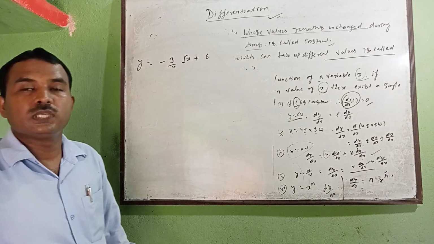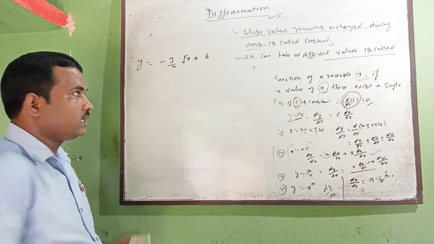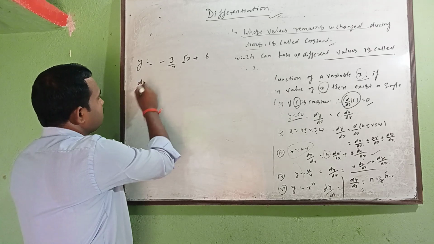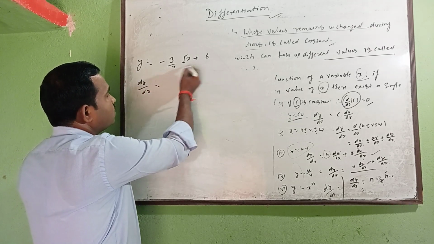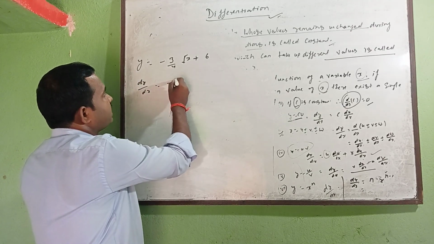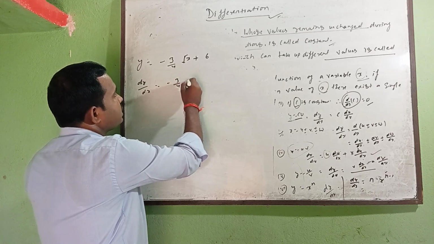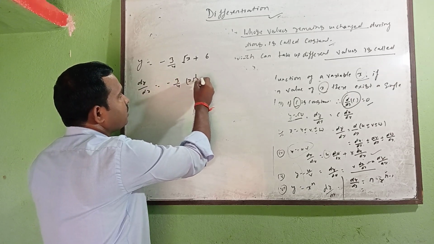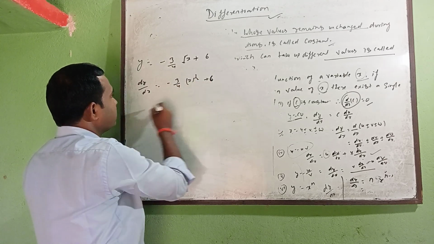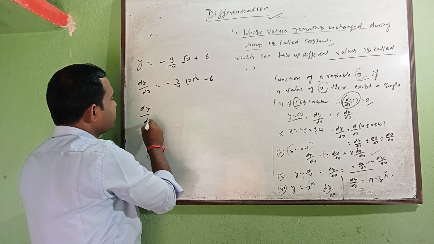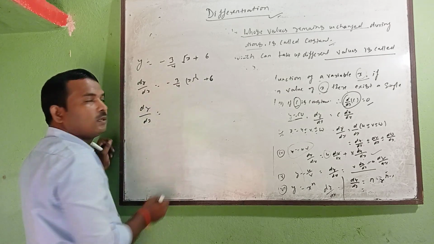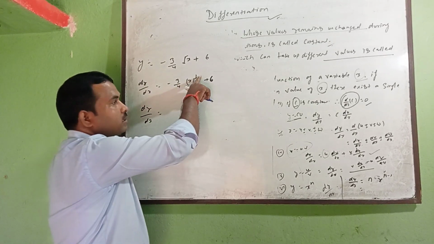Then you will find dy by dx. So dy by dx equals minus 3 by 4, and this x you will write to the power half, plus 6. The power will multiply and you will subtract 1.